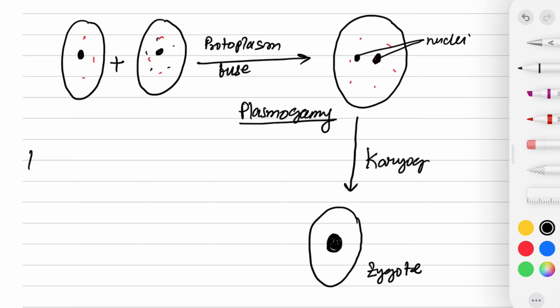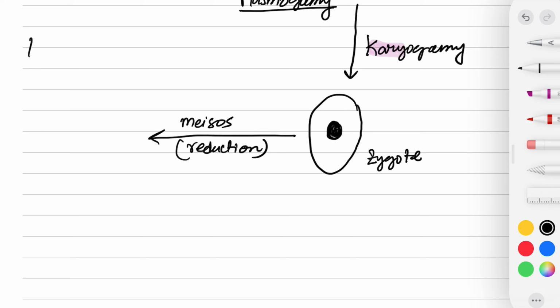After that, the zygote undergoes meiosis. Now, meiosis is a reduction division. You will come to know about meiosis and mitosis in your cell cycle chapter. For now, understand that the zygote is diploid, and after meiosis it becomes haploid.